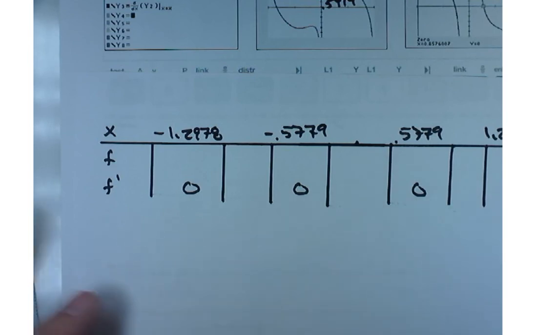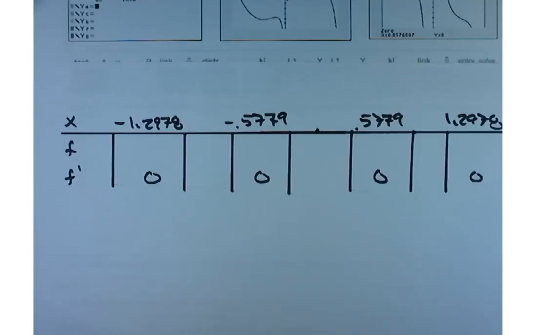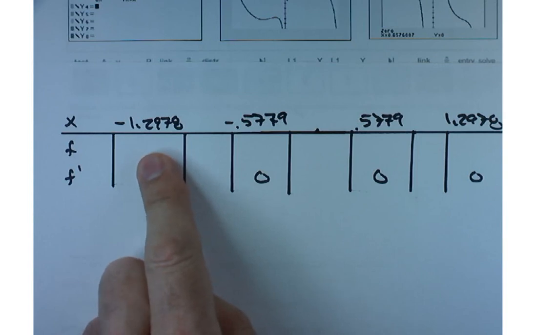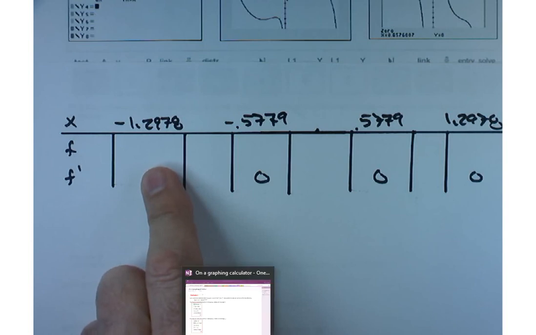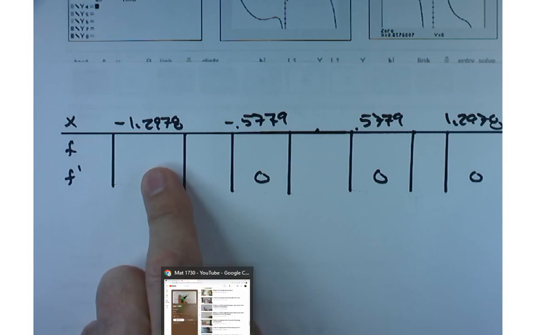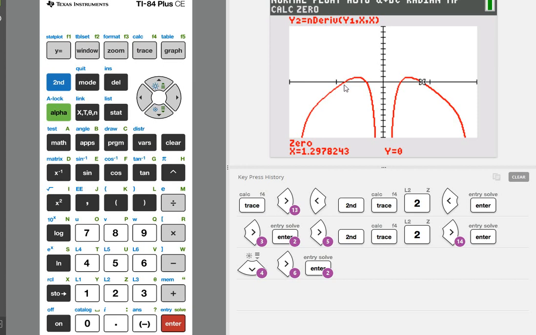Now to the left of negative 1.2978, what's the sign of the derivative? Negative. And you just get that by looking at the graph. To the left of this point, it's negative. So it's negative. And then for a brief little bit, it's positive. And then negative again.